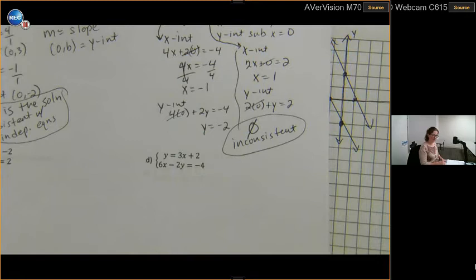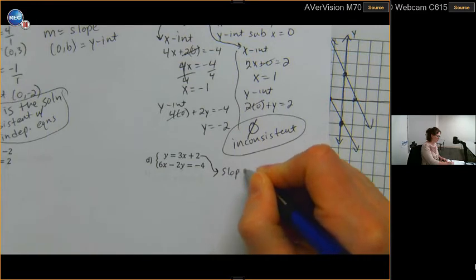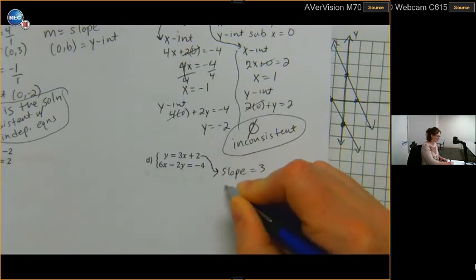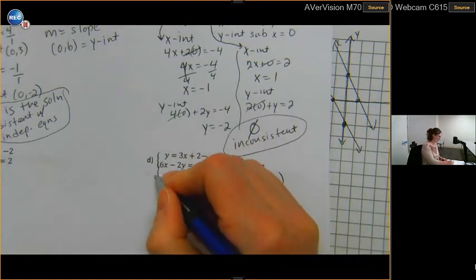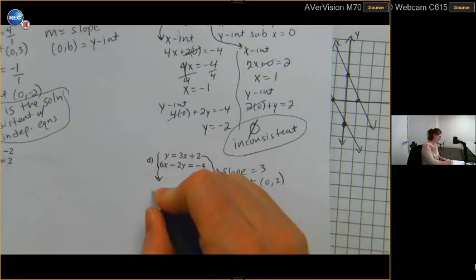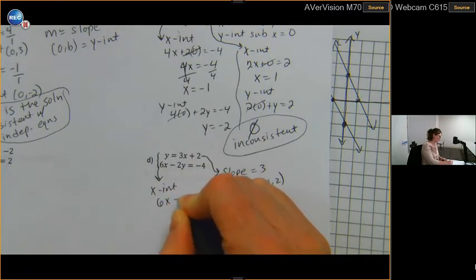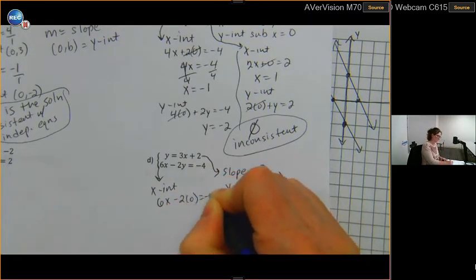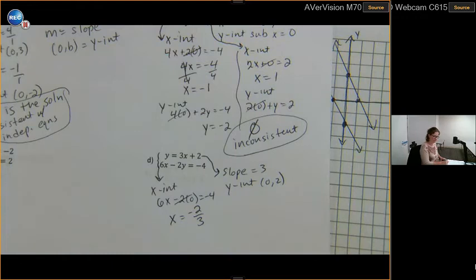So if I'm going to graph part D, my first line is in slope-intercept form. My second line is in standard form, so I'm going to do this one by intercepts. So I have negative 4 over 6, which is negative 2/3.